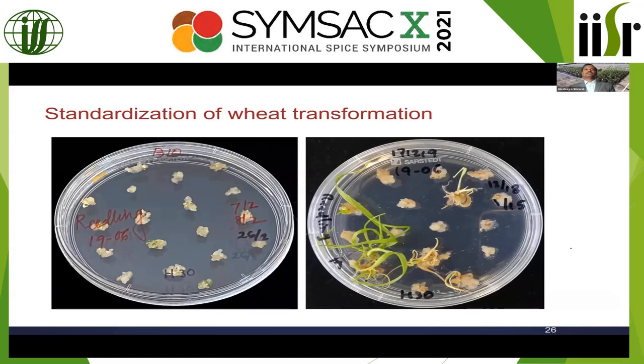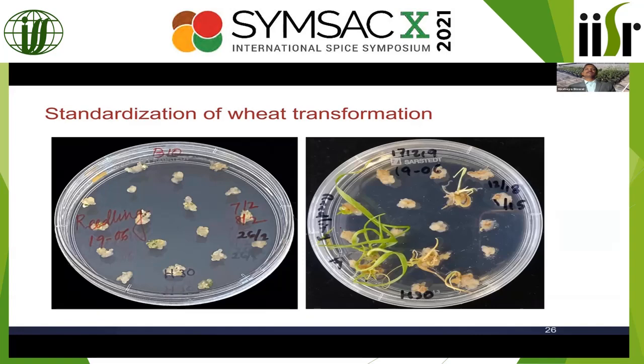So it took us almost a year to standardize a good protocol for wheat transformation. But now we are happy that we have a very effective protocol. We can develop transgenics for any wheat elite lines. We are not working only with the test lines. We are working with the elite lines called Riedling and Baz, Kachu.